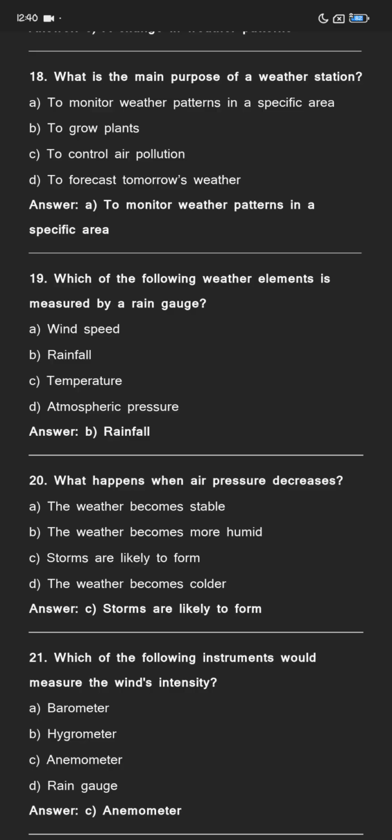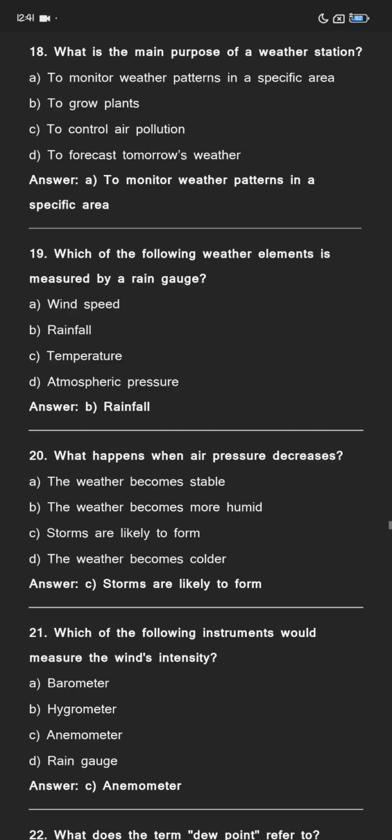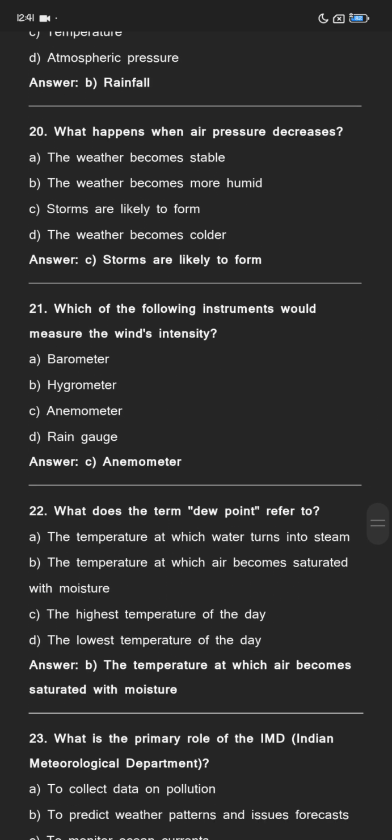Wind speed, rainfall, temperature, atmospheric pressure. The answer is rainfall. What happens when air pressure decreases? The weather becomes stable, the weather becomes more humid, storms are likely to form, the weather becomes colder. The answer is storms are likely to form.